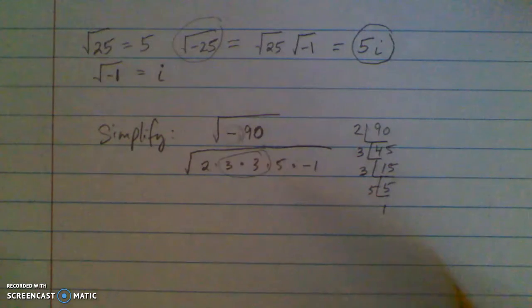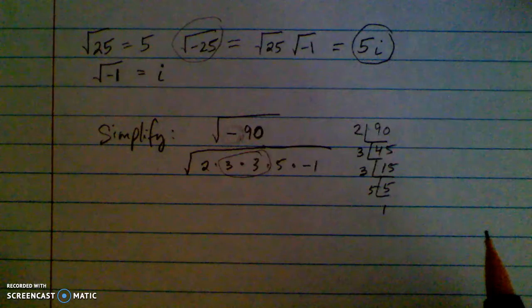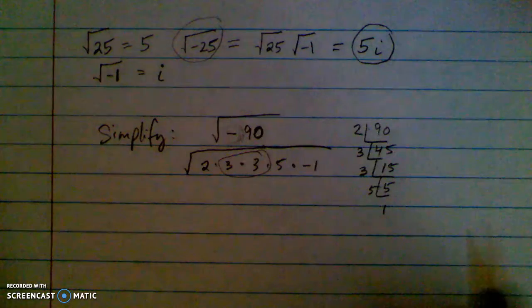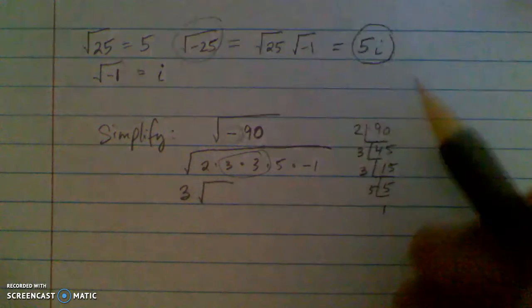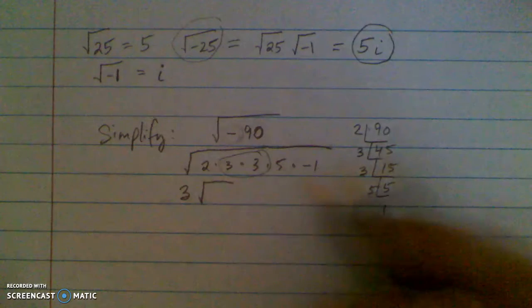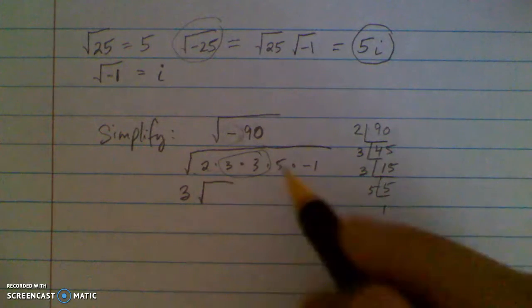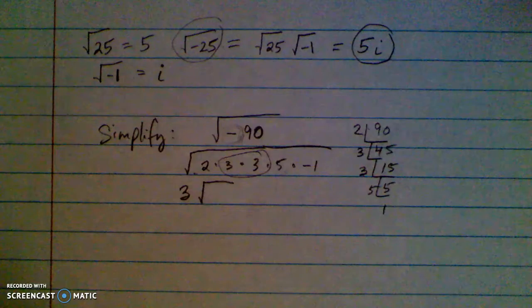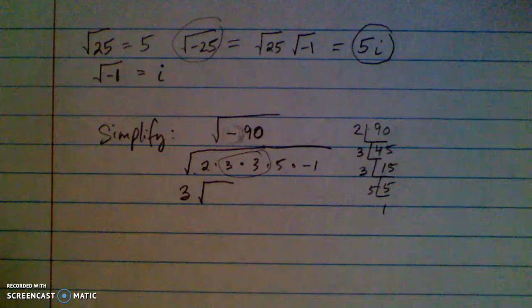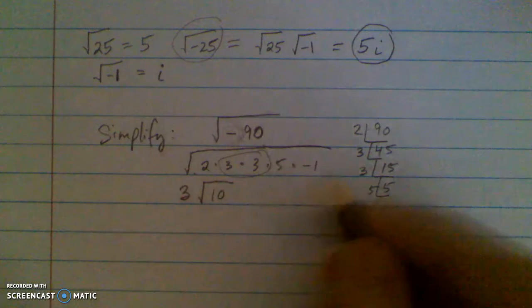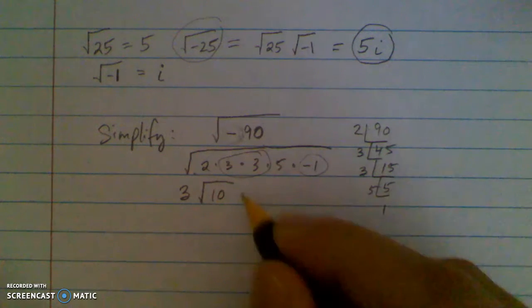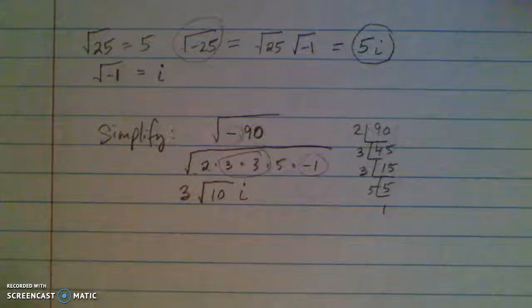3s. So the 3s come outside and become a 3. What's inside? And we know the negative 1's not going to stay inside, right? So 2 times 5 is 10. And at the end, we need to write i.